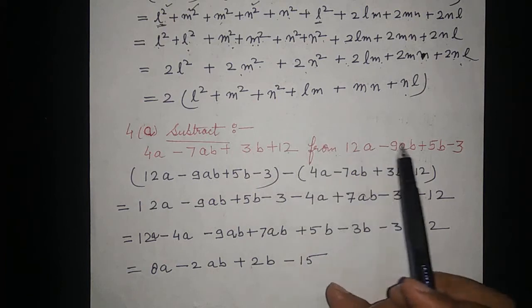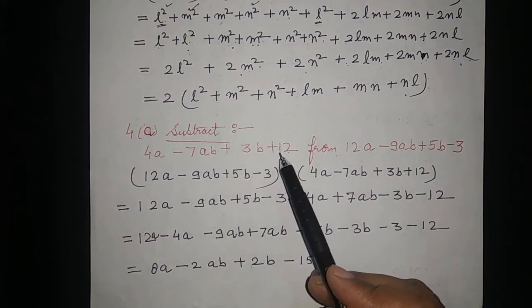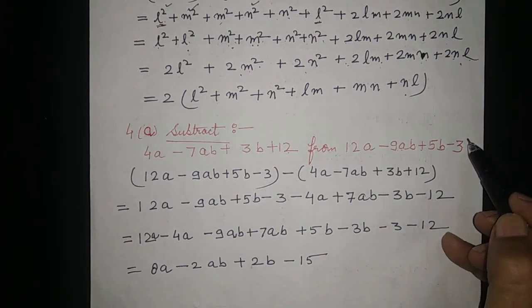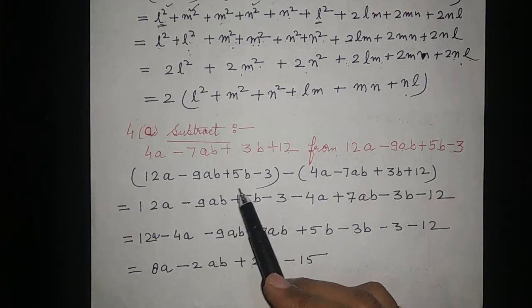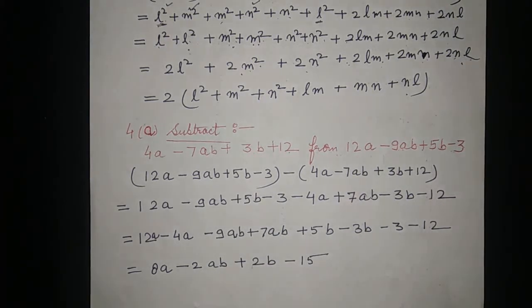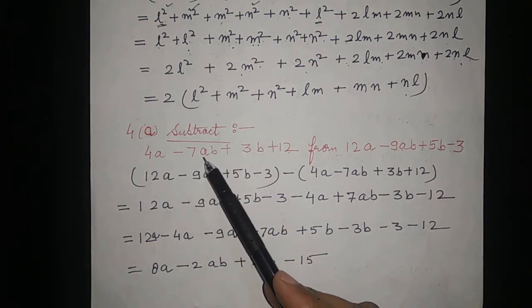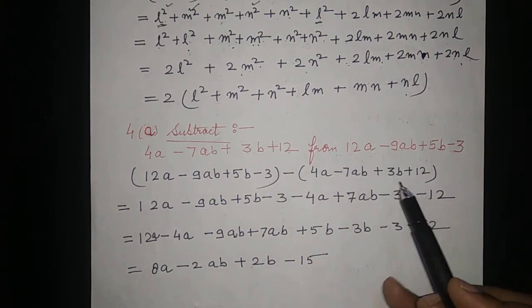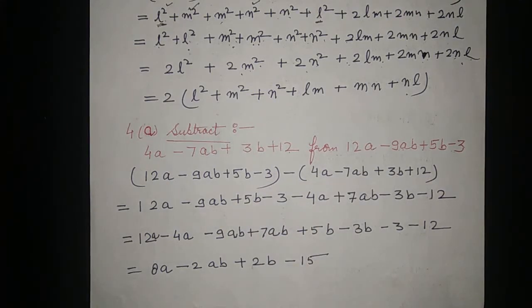As we are subtracting 4A minus 7AB plus 3B plus 12 from 12A minus 9AB plus 5B minus 3, 12A minus 9AB plus 5B minus 3 will be written first. Then minus sign we will put, and 4A minus 7AB plus 3B plus 12 you will write, and you can see both the expressions I have written in the bracket.